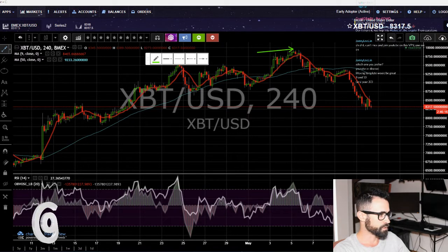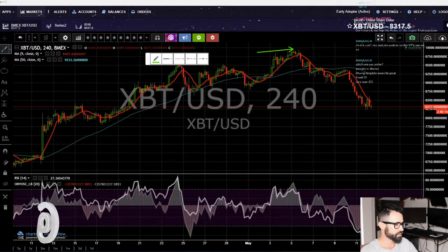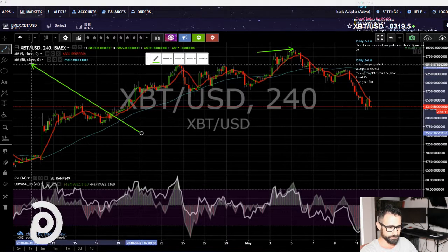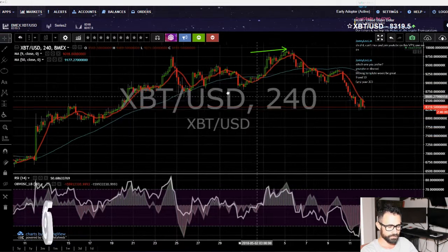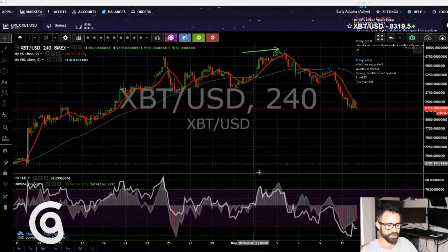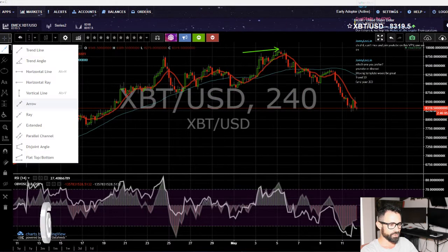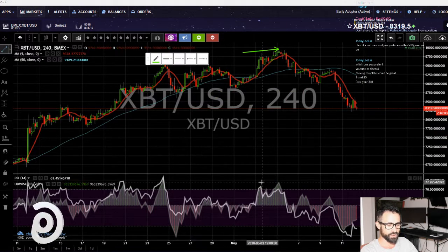I'll make myself smaller so you guys can see a little better. One would want to wait for the next divergence, and that one would be present here, the same one I highlighted earlier.